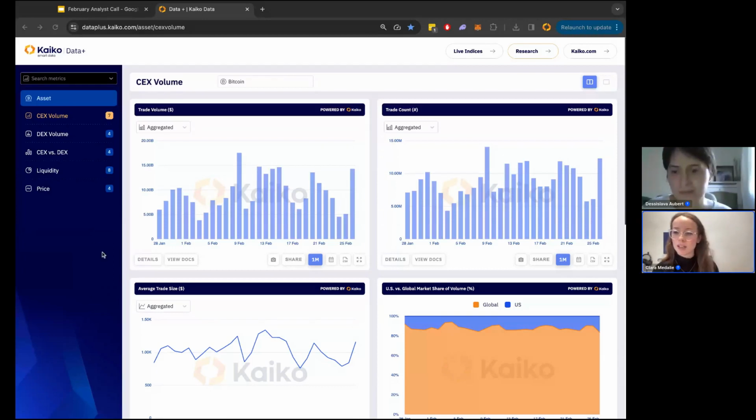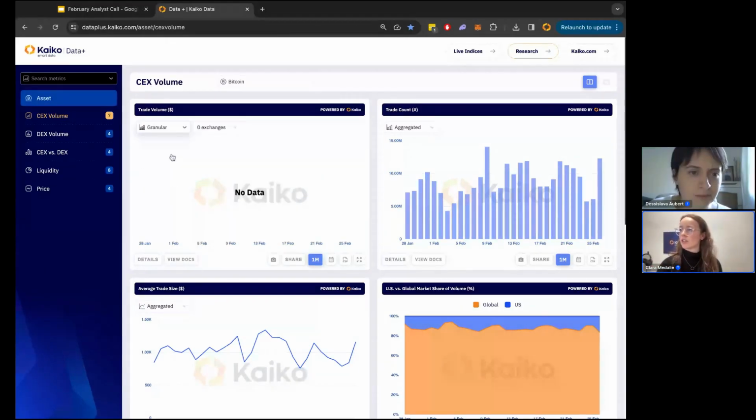Okay, next question from Michael: could you repeat your analysis of Coinbase versus Binance? Binance has more liquidity, but Coinbase has a deeper order book. So in terms of liquidity, Binance has higher trade volume than Coinbase, but Coinbase has a deeper order book. And if you look at that on the chart, here's aggregated versus granular.